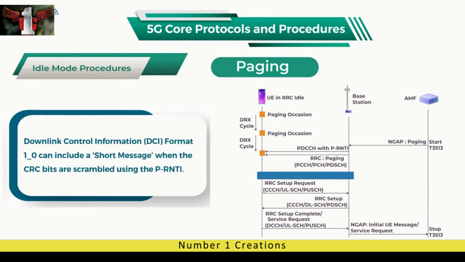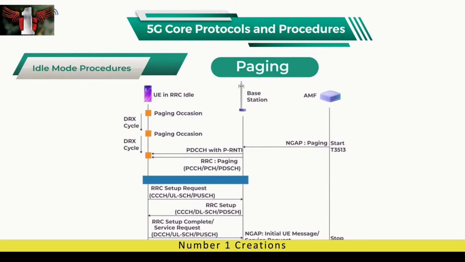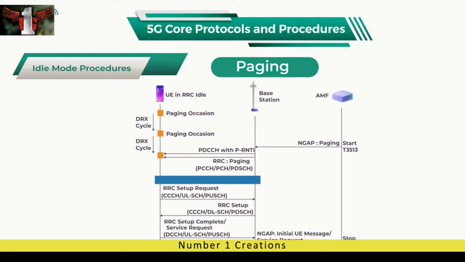Downlink control information DCI format 1_0 can include a short message when the CRC bits are scrambled using the P-RNTI. This short message can be used to indicate that system information has been updated and needs to be reacquired, or there is an incoming ETWS or CMAS message.